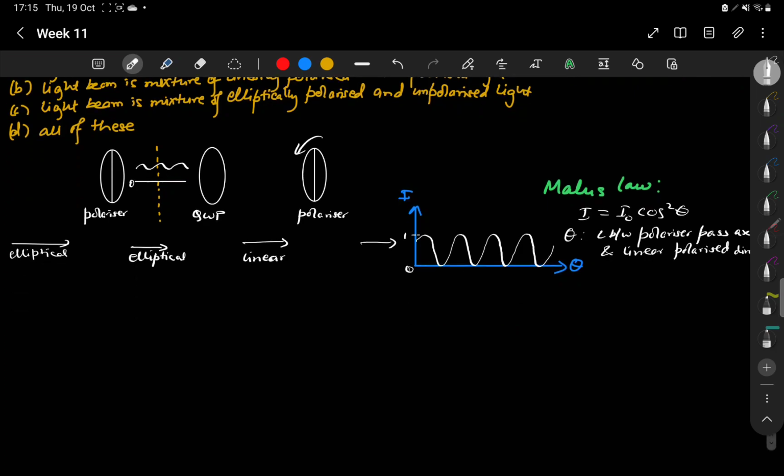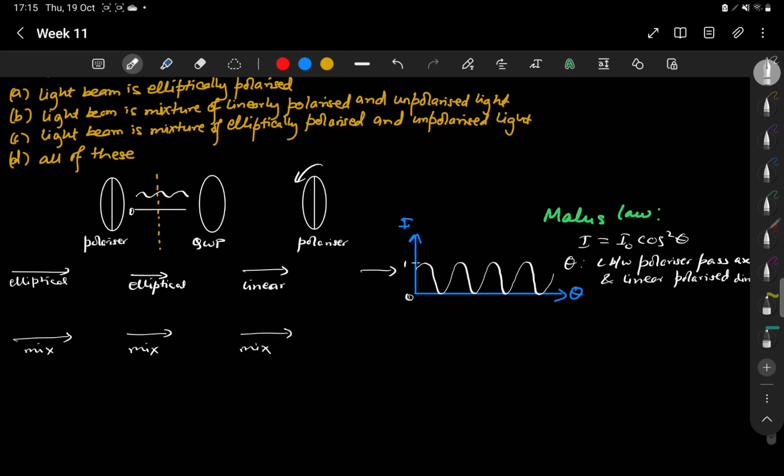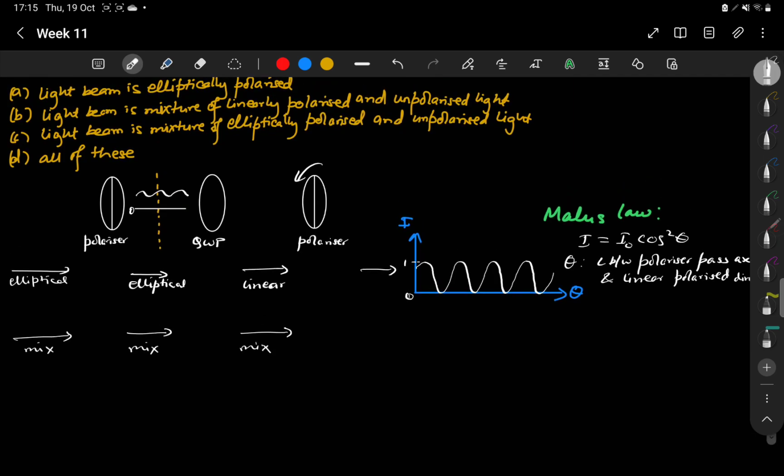And if we send in a mixture, then it remains a mixture after the first polarizer, and it remains a mixture after the quarter wave plate. And there are two kinds of mixtures over here: linearly polarized with unpolarized, or elliptically polarized with unpolarized. And the difference in the two would be as shown over here. Let me draw the axis once again.